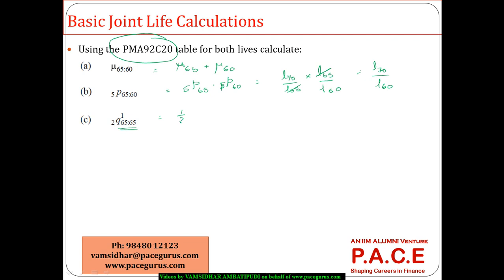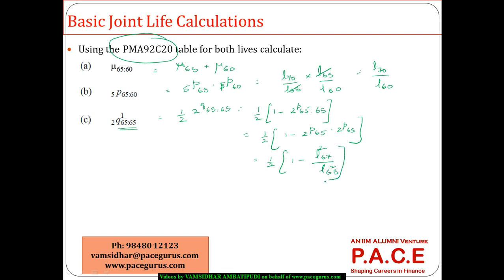So I can very well take it as half of 2Q65:65, and this will become half of 1 minus 2p65:65, and this will become half of 1 minus 2p65 multiplied by 2p65, right? So which is as good as 1 minus L67 squared by L65 squared.